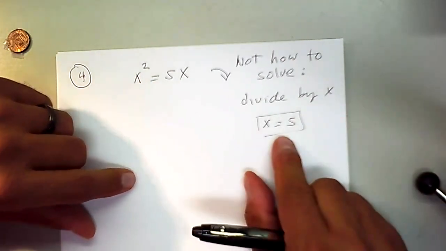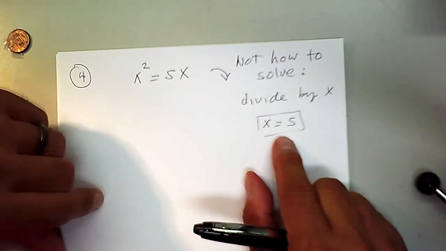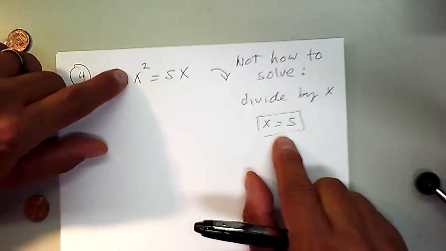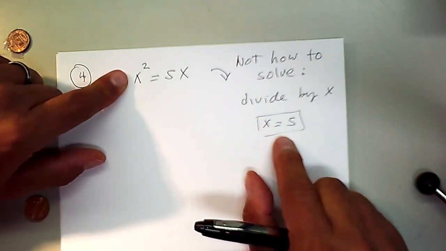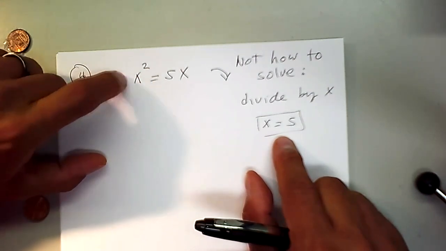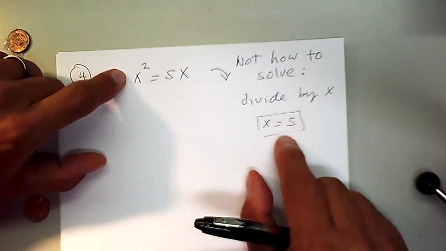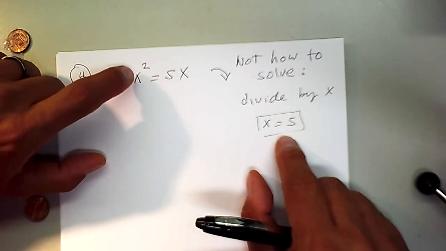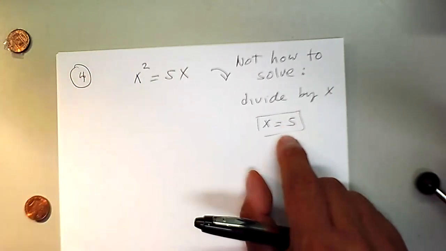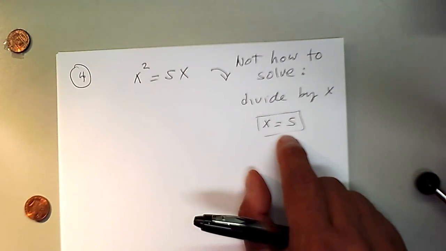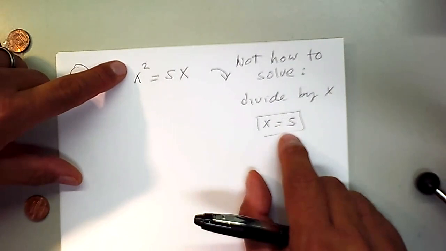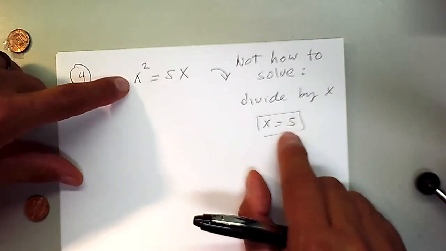Okay, so what is wrong with this is that we're missing one solution. Quadratic equations typically have two solutions. And we only found one. So when you find only one, when you initially start with a quadratic equation, you gotta be careful. You gotta be suspicious. Why do we have only one when a quadratic equation should have two? That should be a red flag.